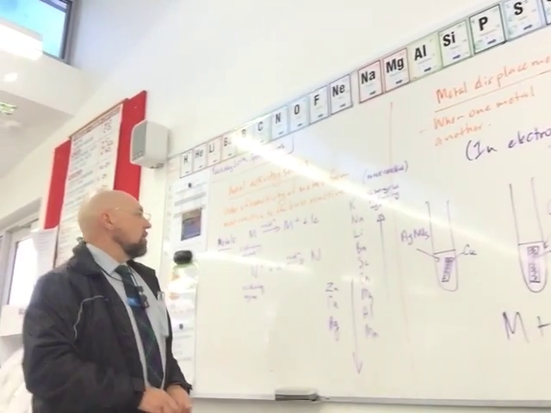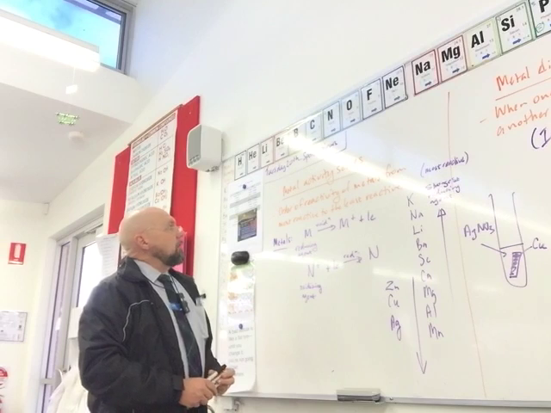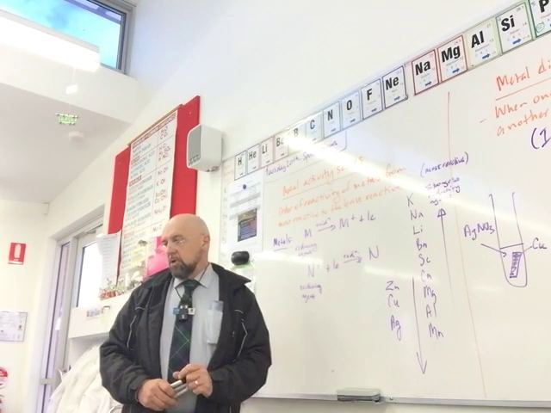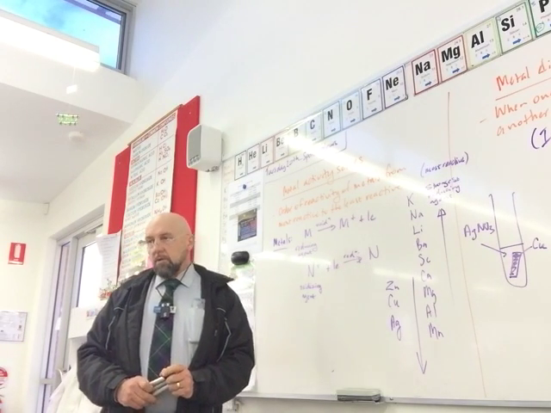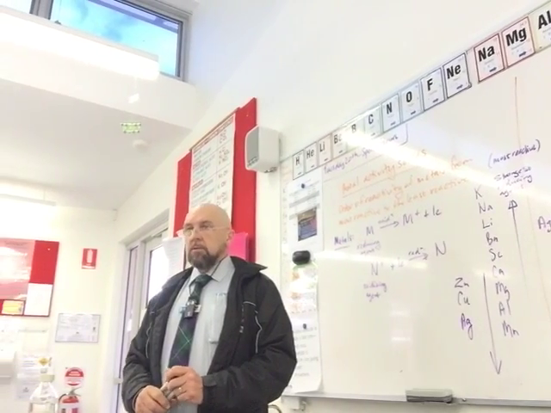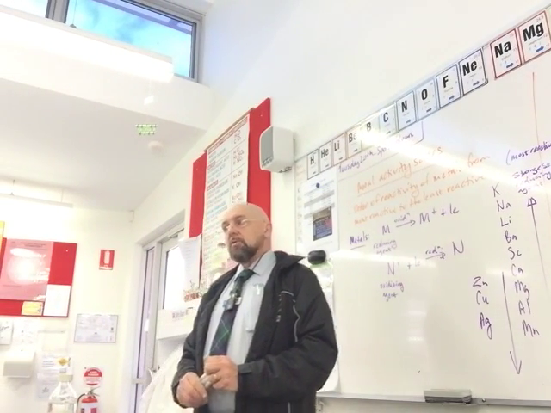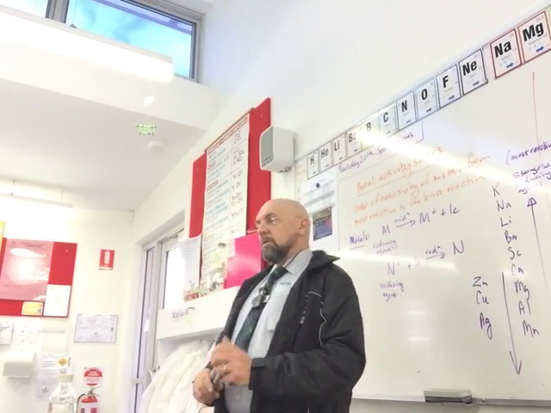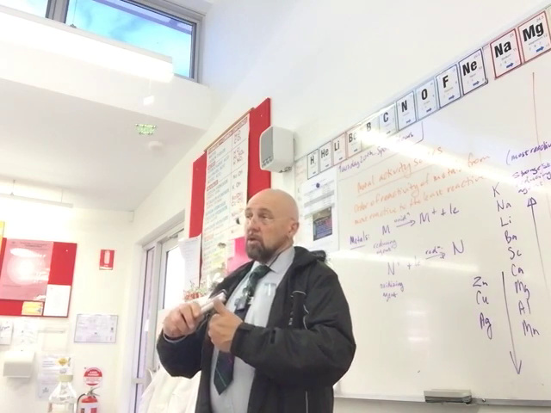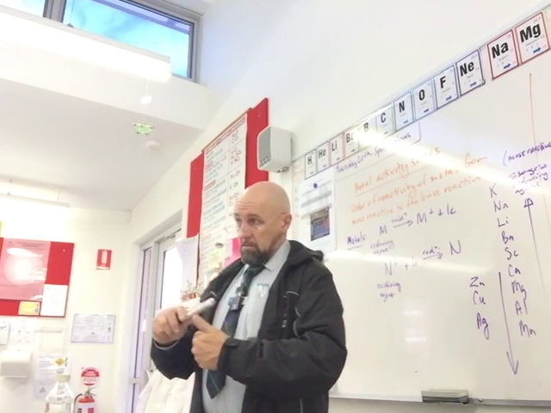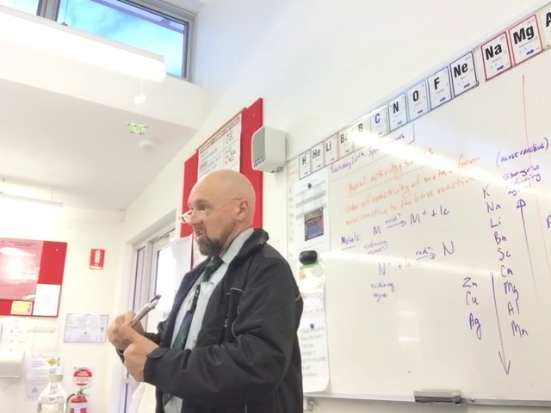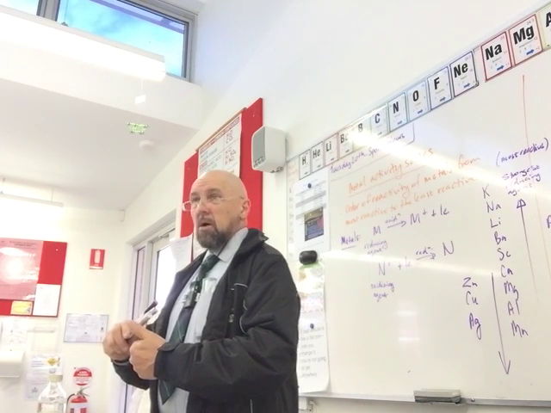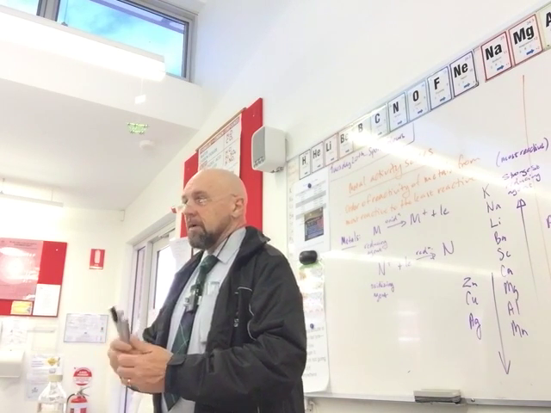Okay. So, as our introduction to our electrochemical cell section, what have we done over the last 3 weeks or so? We did titrations, which is a focus on oxidation reduction. Thank you, Sam. All right.